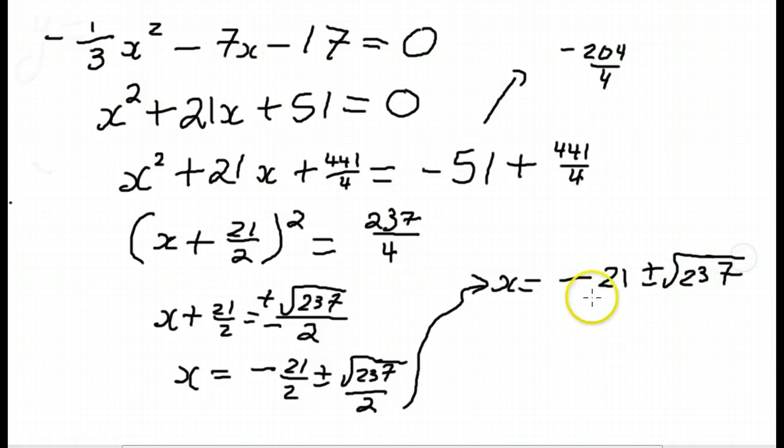And make sure that's extended all the way across the root over 2. And that's our solution. We have two solutions here, negative 21 plus root 237 over 2, negative 21 minus root 237 over 2. Remembering that if we're working in a situation that has a context, we may need to reject one of the solutions, perhaps the negative one, depending on the scenario that we're looking at.